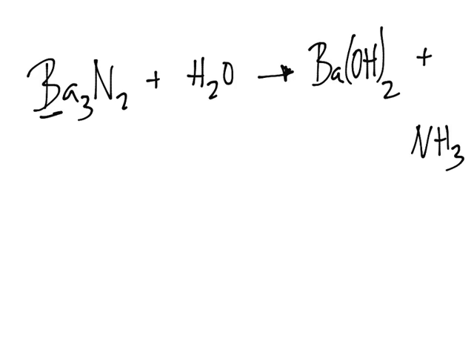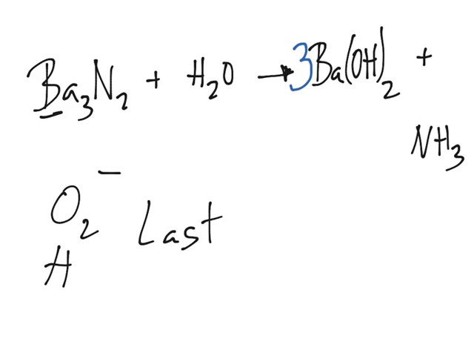So we have 3 here, and we have 1 here. So we're going to put a 3 here. So our barium is balanced already. Now we go with the nitrogen. You will always want to leave the oxygen and hydrogen for last, because they tend to change a lot.